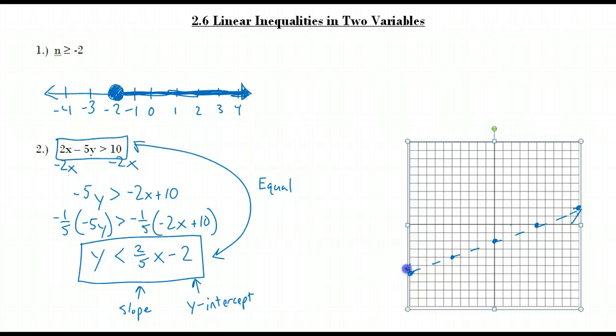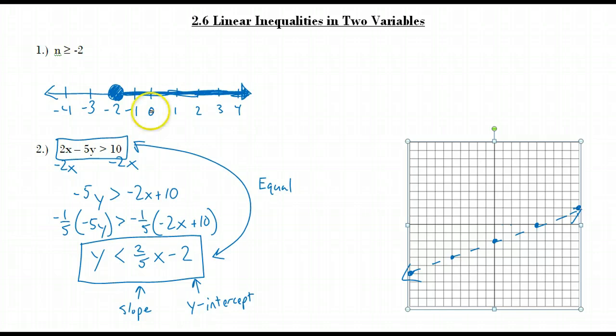A dashed line is like an open dot. It means don't include this value, but include everything right up to this value. Don't include the points on this line as a solution, but include everything right up to that line.